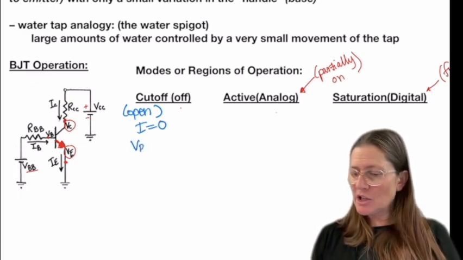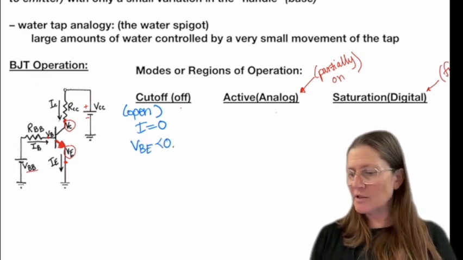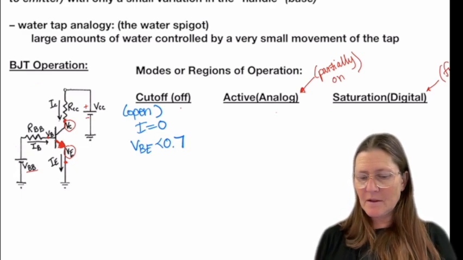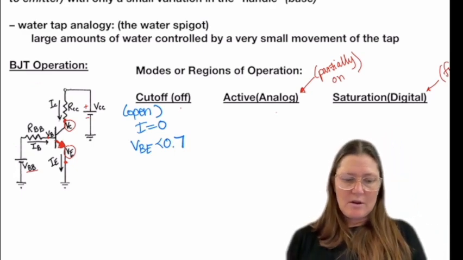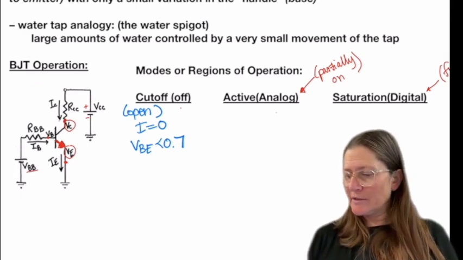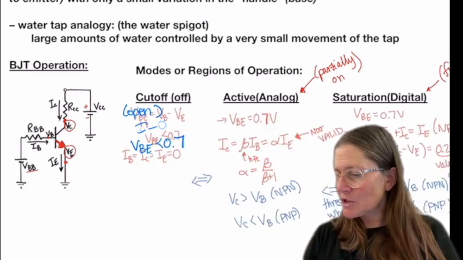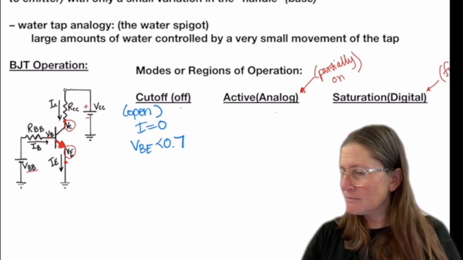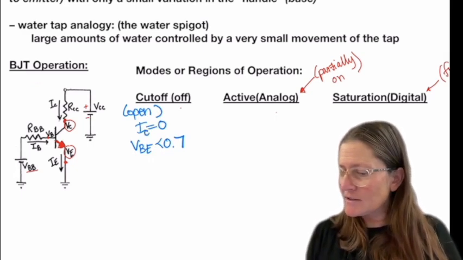And your condition is that diode VBE is less than 0.7. So all your currents, IC is equal to 0, and IB and IE, all of them are equal to 0.